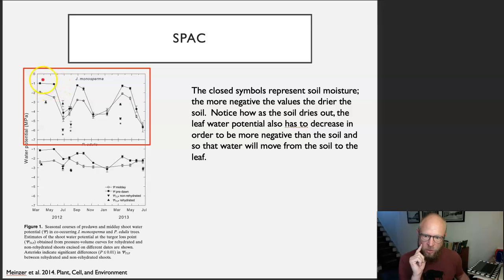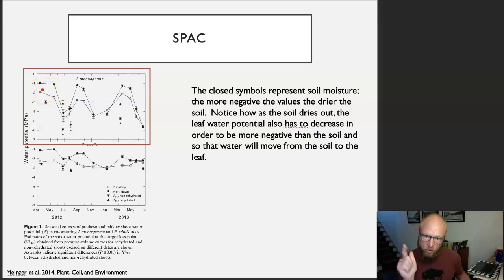This one has closed symbols, and this line has open symbols. The closed symbols represent soil water potential, and these open symbols represent leaf water potential. That's not exactly what they are, but that's what they represent.